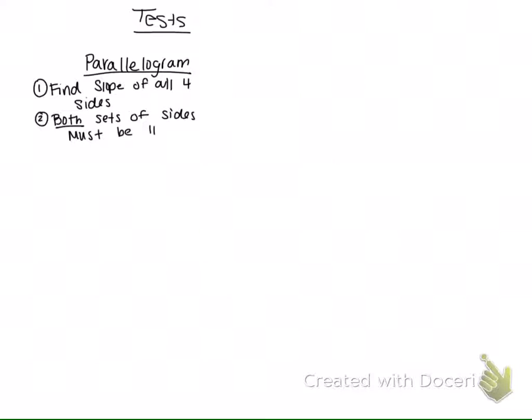If that is true, you then check if it's a rectangle. So if that is true, you go straight to the rectangle. You check to see if the consecutive sides are perpendicular.